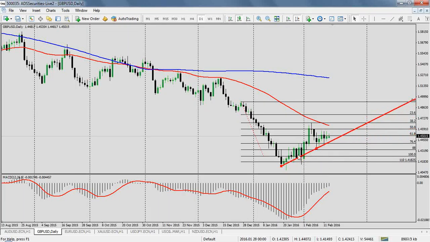It's a dynamic support, and we also have our dynamic resistance over here. So this was the resistance level. You can also make it a more immediate resistance level, and that would be over here.